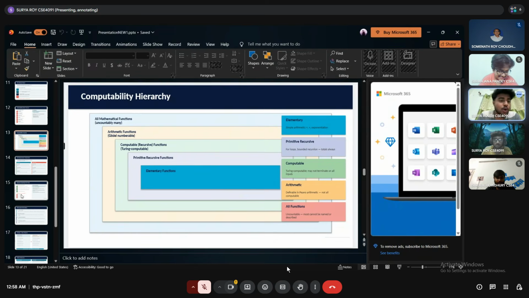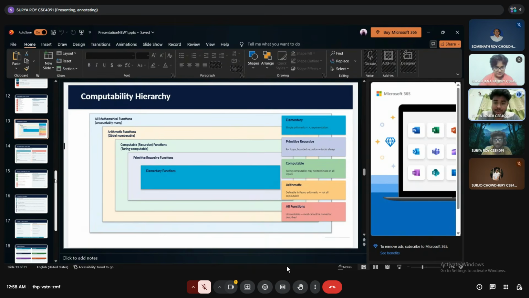So there is a computability hierarchy. The basic functions, elementary functions, contain simple arithmetic: addition, multiplication, exponentials, etc. These are included in primitive recursive functions, which contain for loops and bounded recursion, and all of these are included in computable, better to say Turing computable, functions.